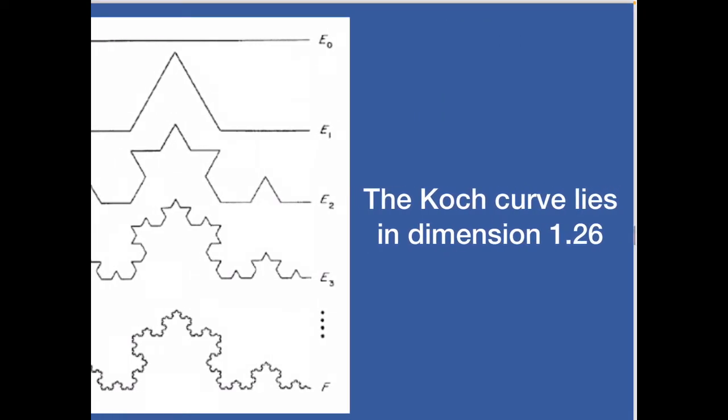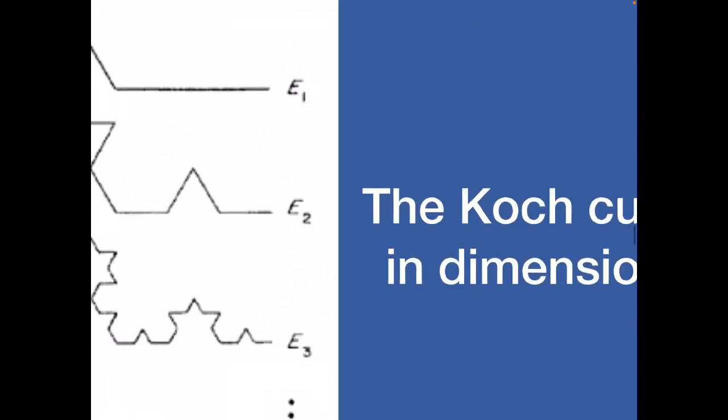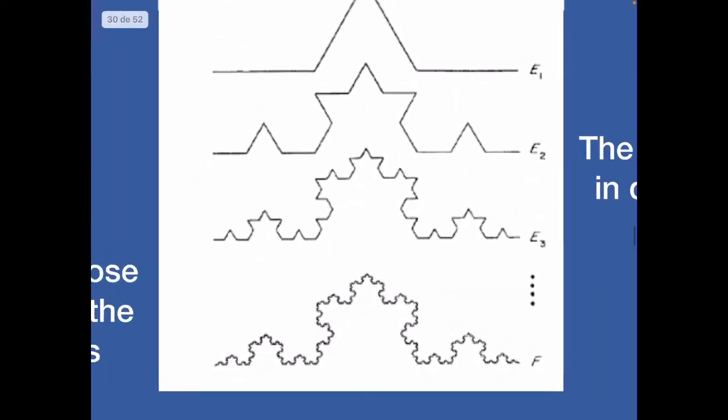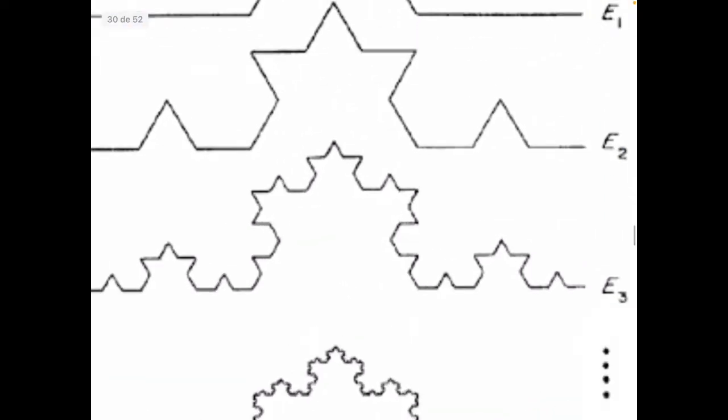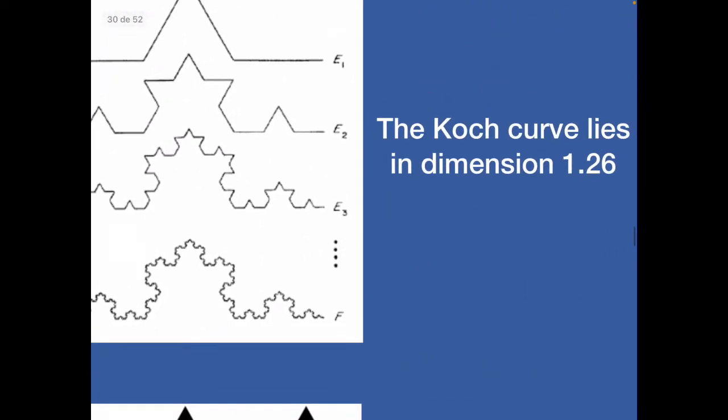So in this case, the Koch curve, instead of being in the first dimension, is actually going to be found in dimension number 1.26. So that 0.26 that we have is dimension that this line is winning through rugosity. As you see, there is no surface here. It is just lines. But these lines are getting a lot of rugosity, and that is winning 0.26 dimensions for our line.